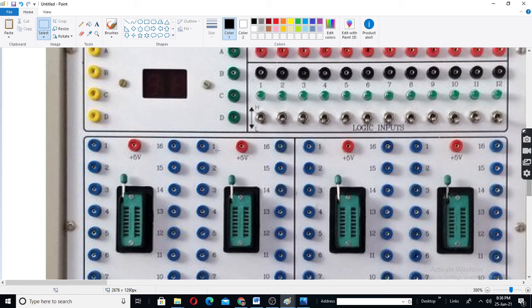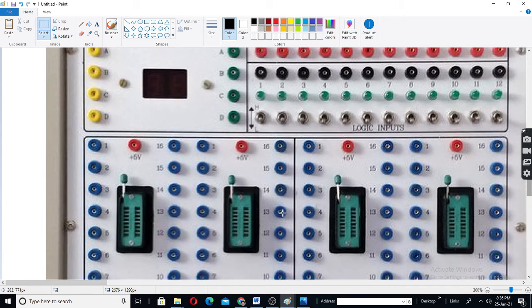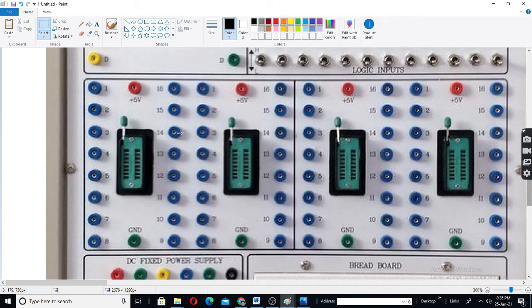So if you have connected 3 to 4 by a wire, then you observe the output here. If you connect 3 to 7, then observe here. And then connect pin number 14 to plus 5 volt and 7 to ground.